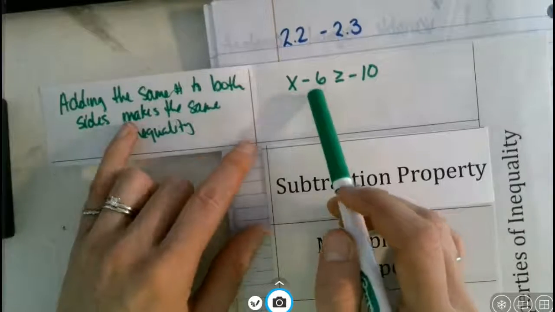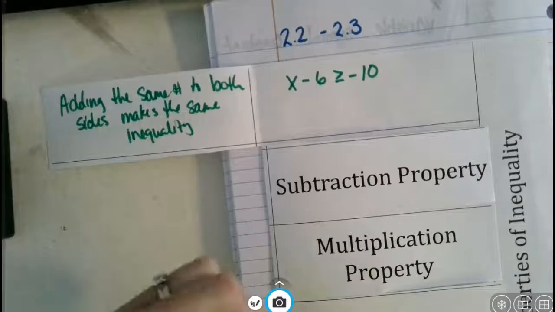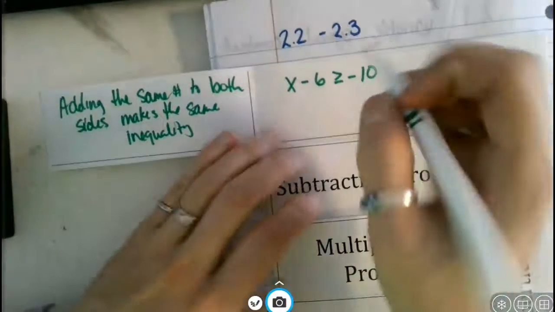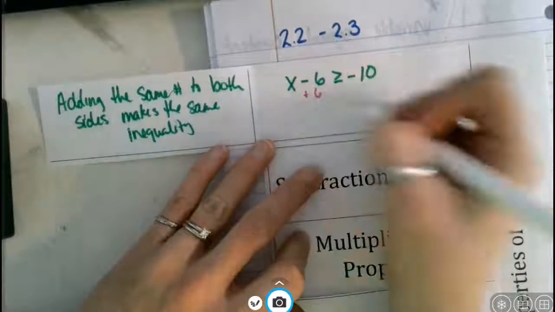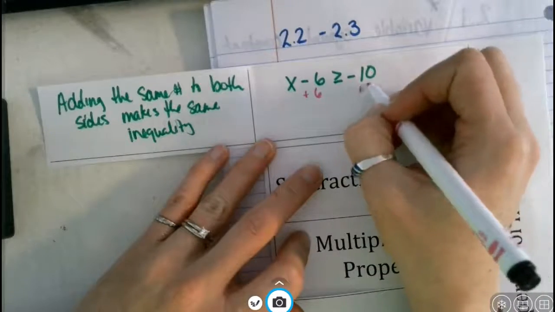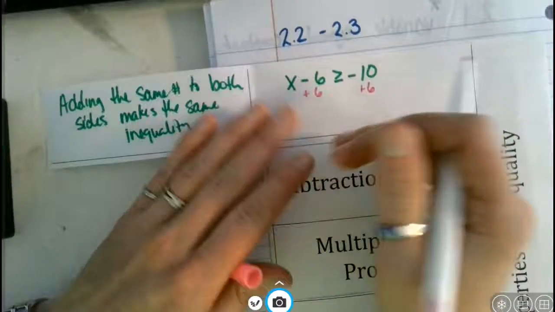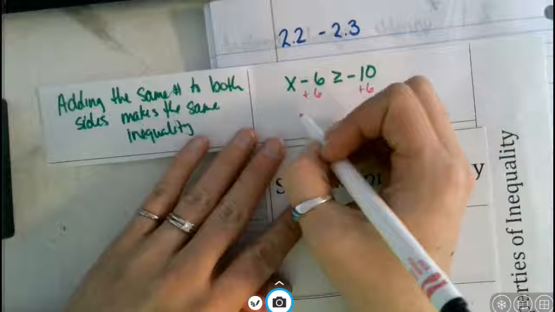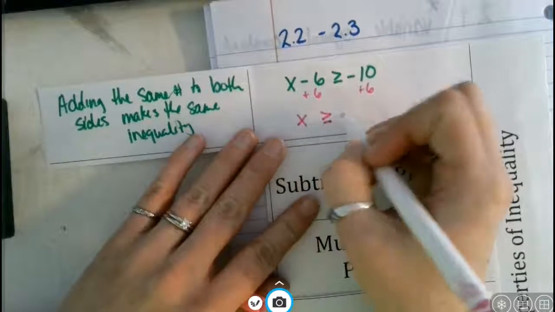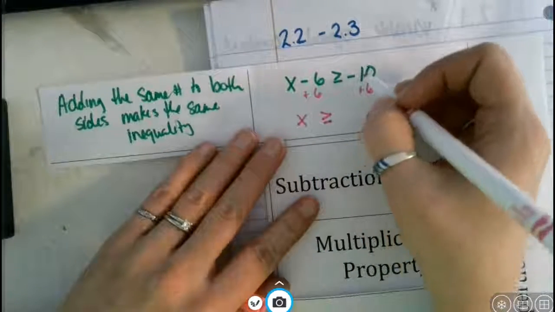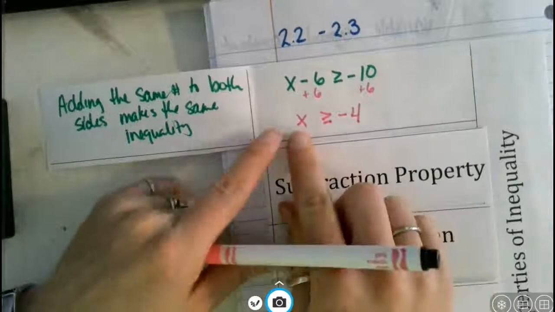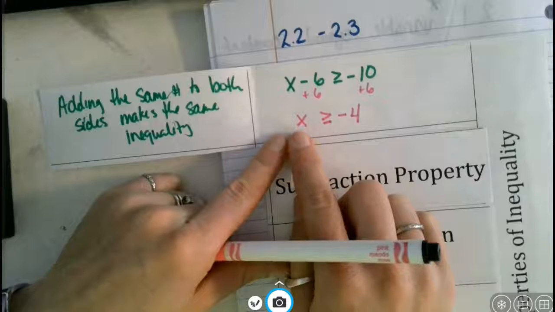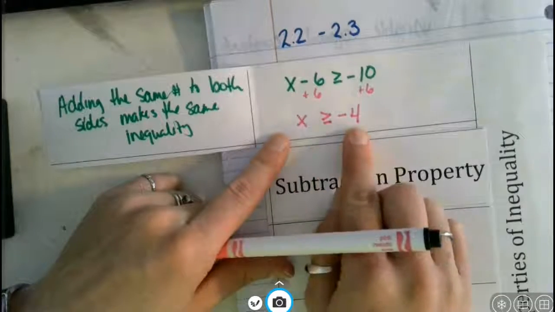Using my inverse operations, I know that I have to use my addition property to add 6 on this side to get rid of it, and then I also have to do it to this side, because what I do to one side I have to do to the other. So I'm left with x, my symbol does not change, is greater than or equal to, negative 10 plus 6 gives me negative 4. So I have back what we talked about: my variable, my symbol, and then my constant.